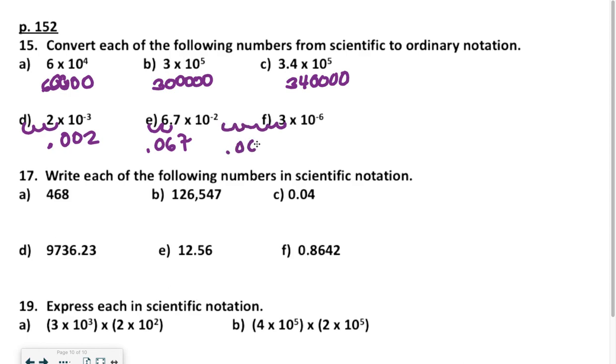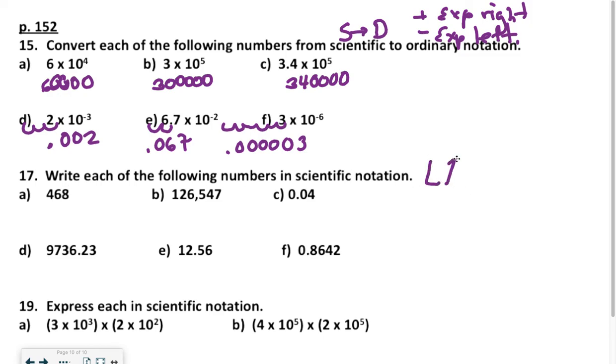So it's going to be 5 zeros with a 3. So again, going from scientific to decimal, positive exponent is to the right, negative exponent is to the left. Now we're going from scientific to decimal. So left increases, right decreases.